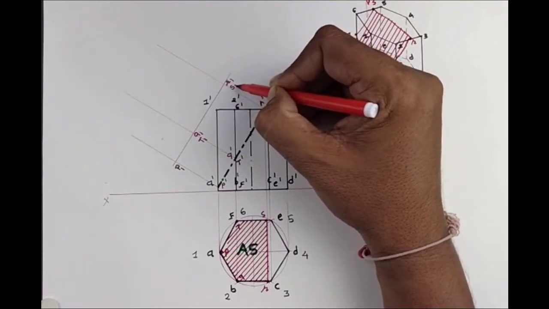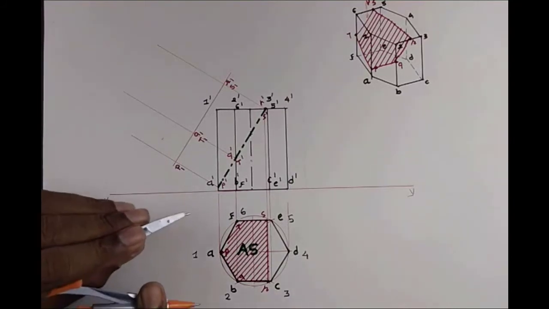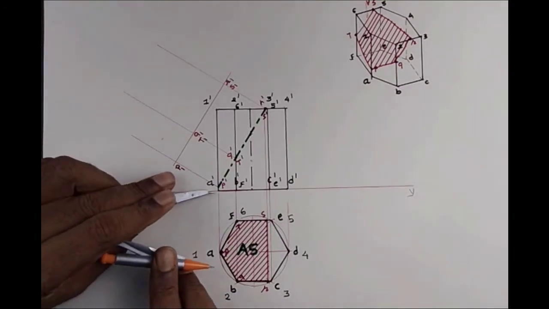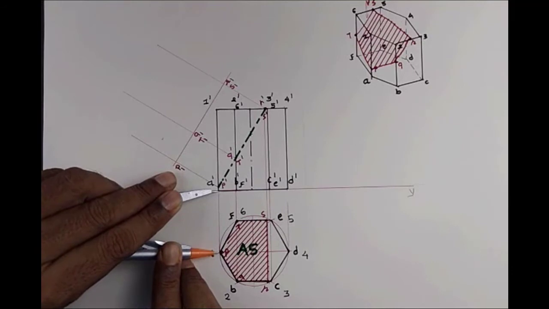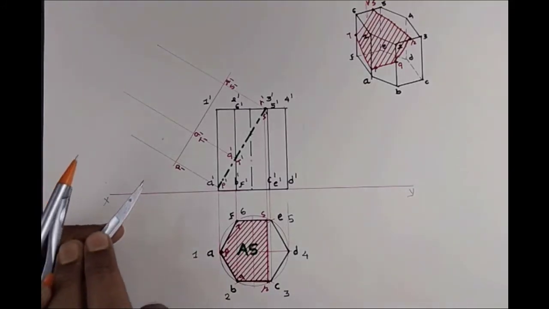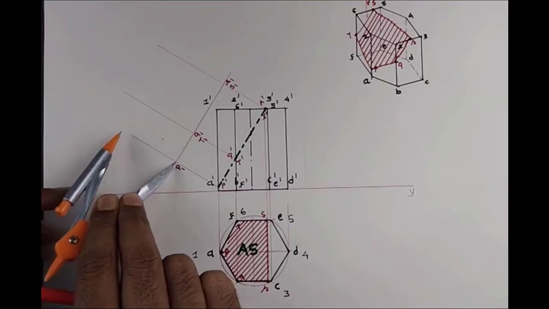Now where is our apparent shape? My apparent shape is on the plan, top view. So I measure the vertical distance to point P. Collecting this radius, this new P1 point becomes your center.